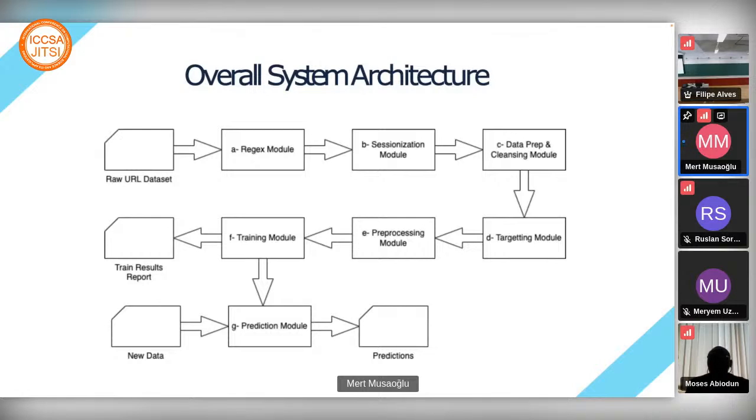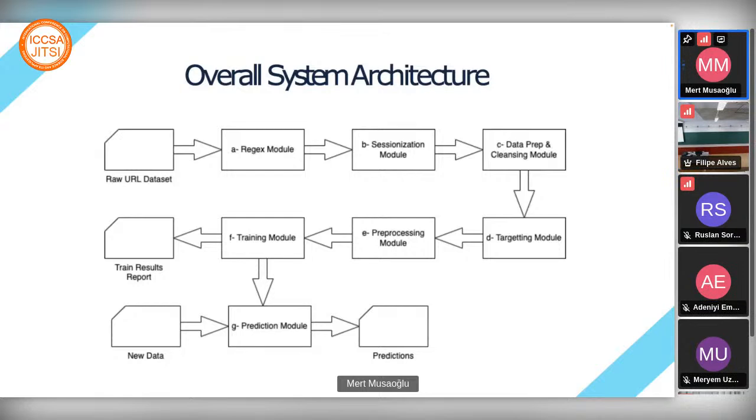In the data prep and cleansing module, the number of navigations is limited. The goal here is to get people's real browsing. This part removes the excessive time on the navigation parts, basically. In the next section, the targeting module, there is a label encoding made by the selected targets.